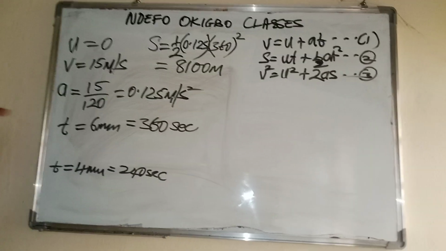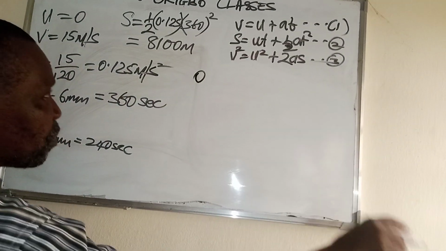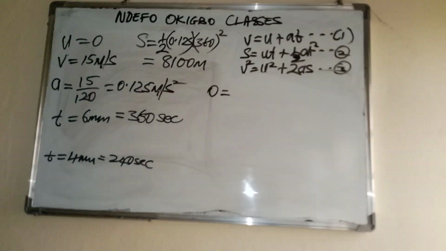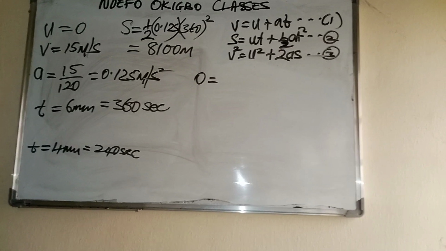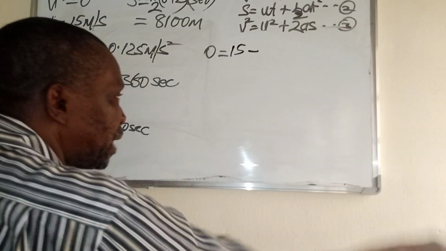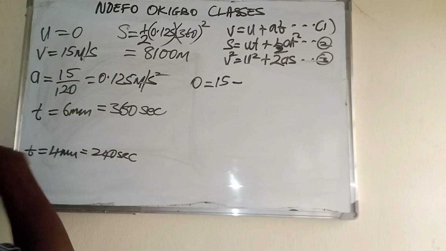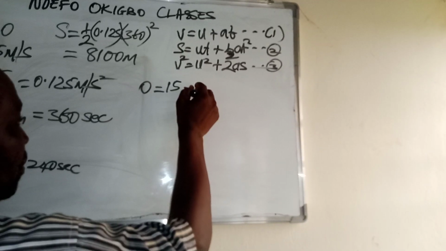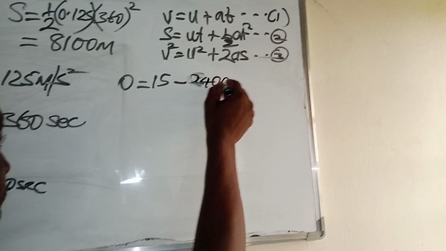So we use the first equation: 0 equals the initial velocity of 15, minus the acceleration times time, because it was a deceleration. The time was 240 seconds, so 0 = 15 minus 240 times a.